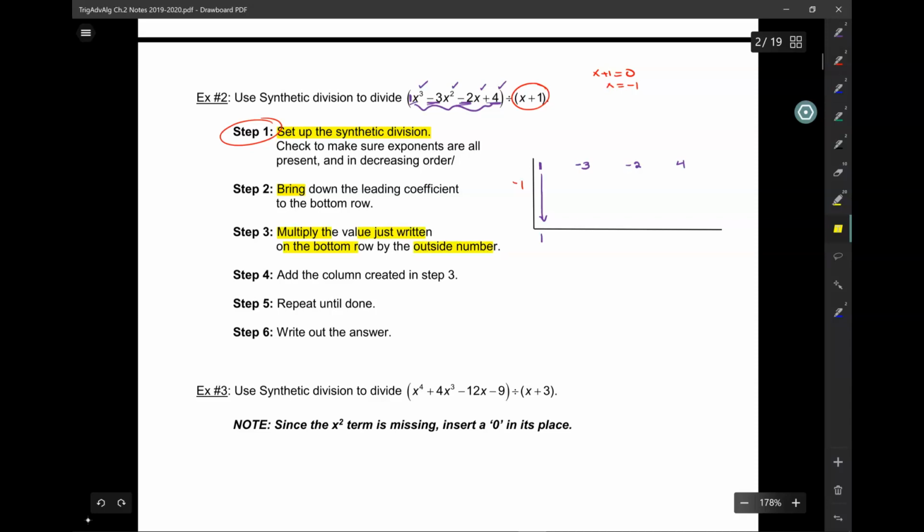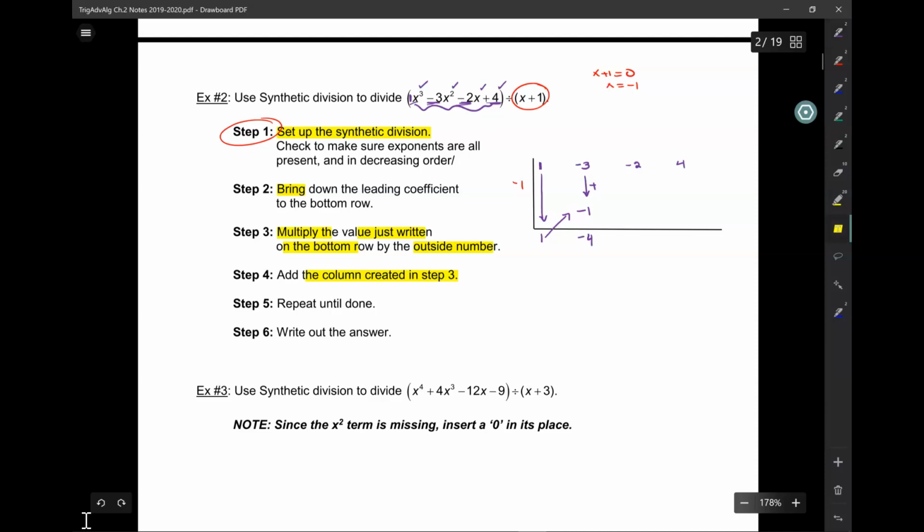So I'm going to multiply 1 by -1, and that's going to be -1. Now, the next step is add the column created in step 3. So I'm going to add this way. -3 plus -1 is -4.